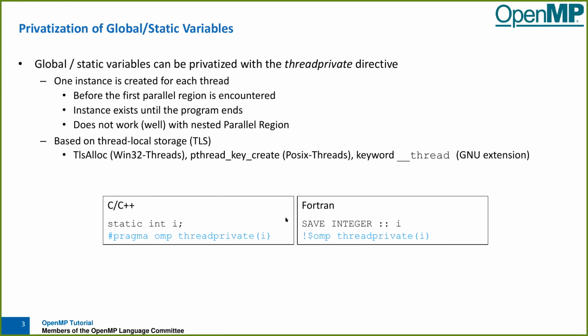So if you have static or save variables and you want to make them private, that means to have one instance per thread, you will see you have to use pragma OMP threadprivate, or OMP threadprivate in Fortran, at each location this variable is being declared.